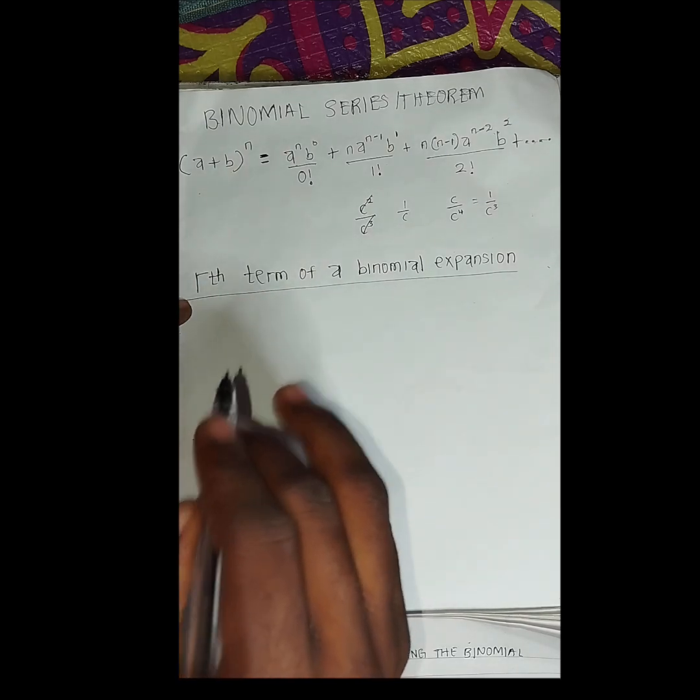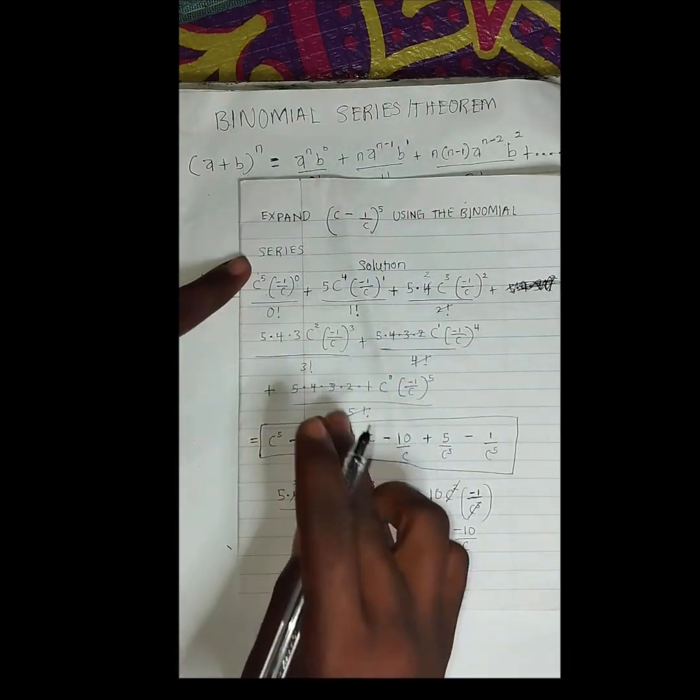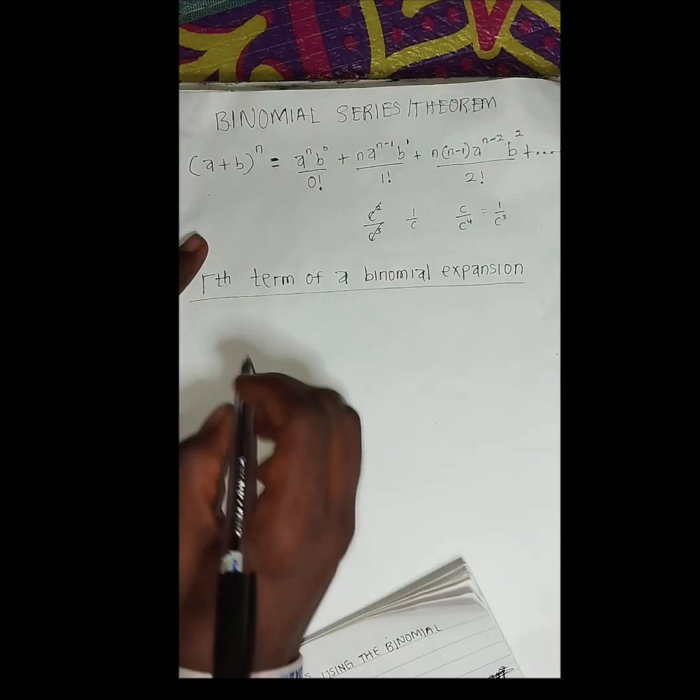I would want you to memorize it, and I will teach you how to apply the formula to a problem, in fact this same problem. Let's go. This is the rth term.